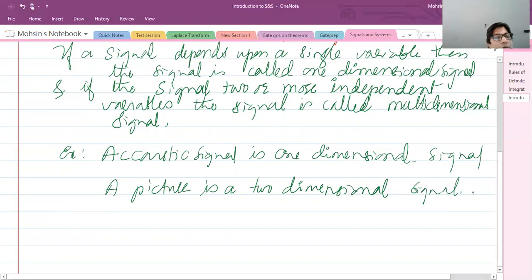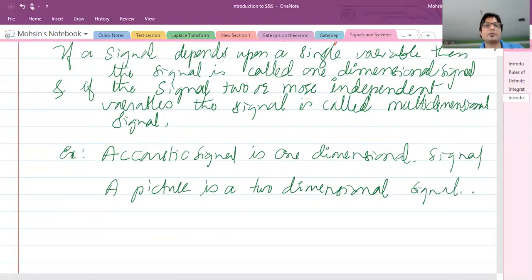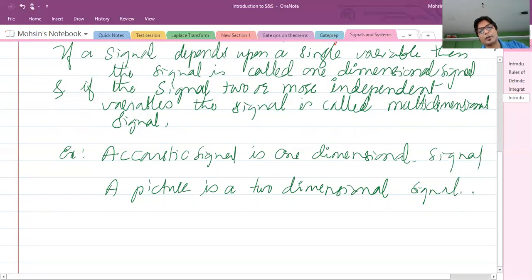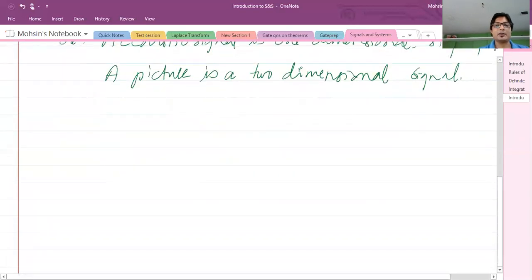And as I told you, different examples can be considered for the signal, such as the signal received by a stethoscope, that is the heart rate of the person, or you can also try to understand it with the help of a weather forecasting signal. Now, whatever signal we have will be represented in graphical form.